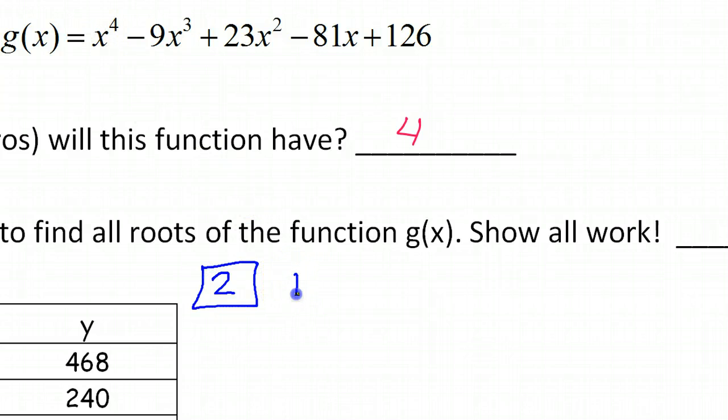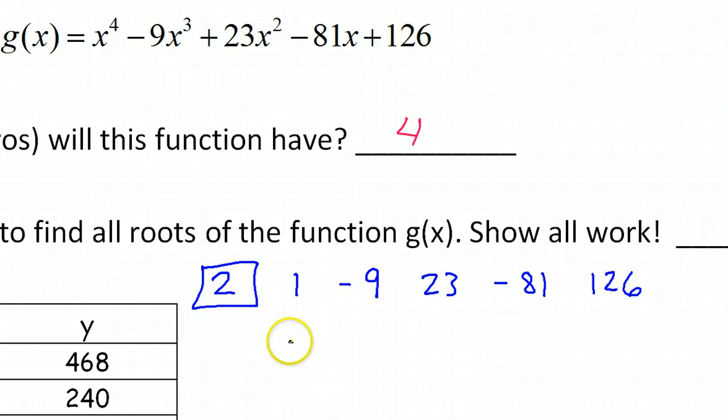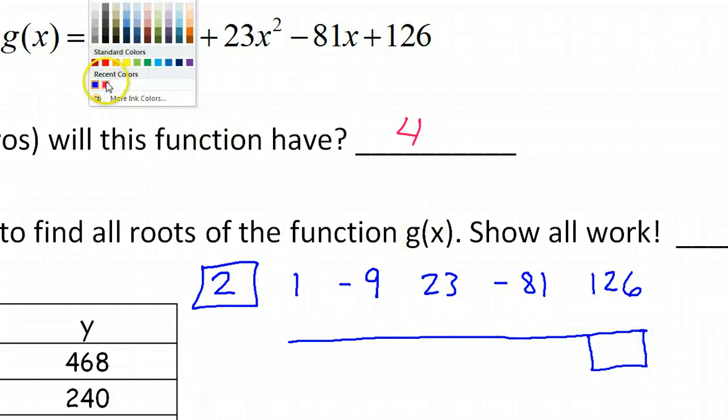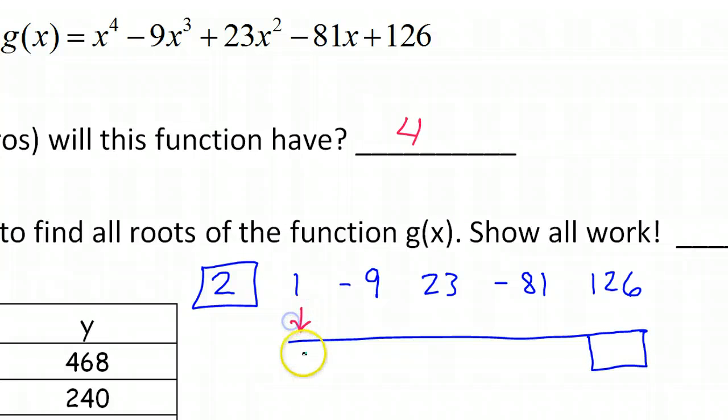So the coefficients are 1, -9, 23, -81, and 126. Alright, 1 times 2 is 2, so that is going to be -7. -7 times 2 is -14.